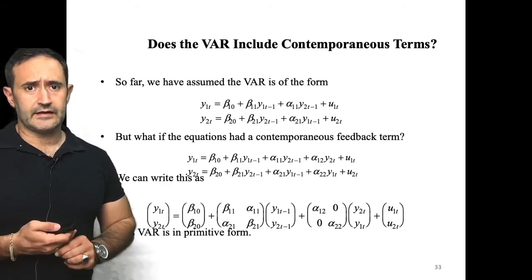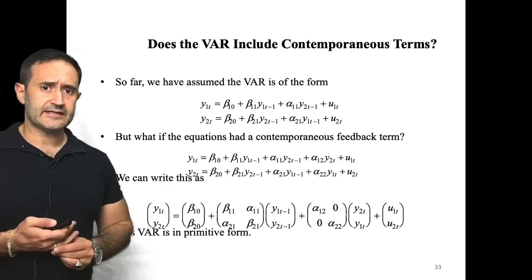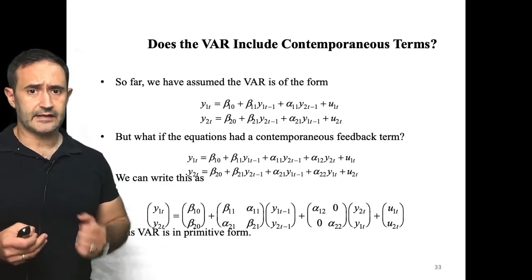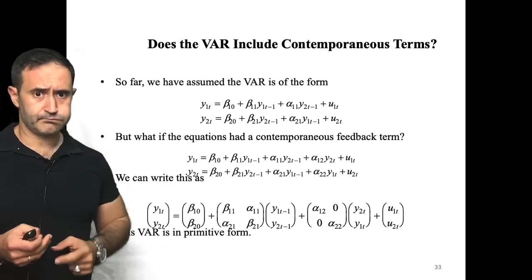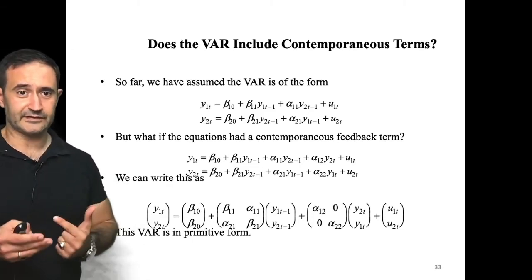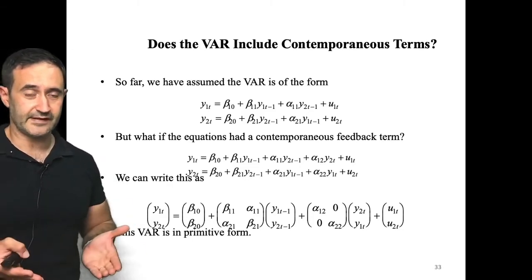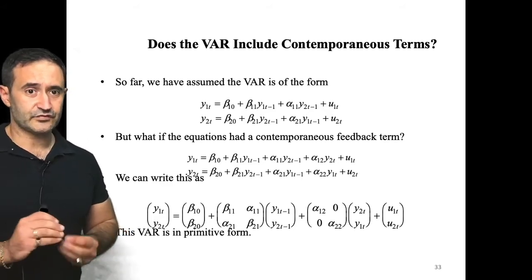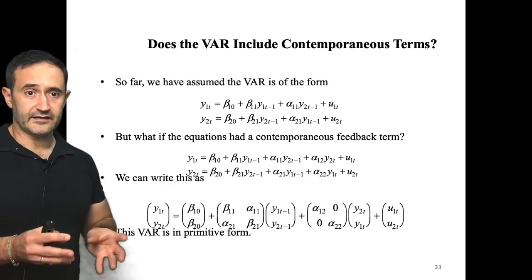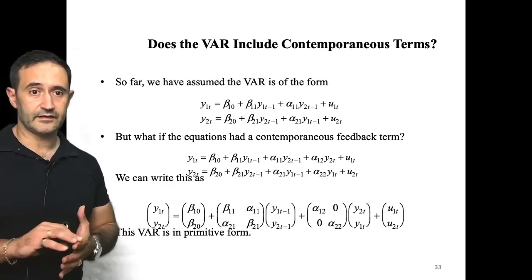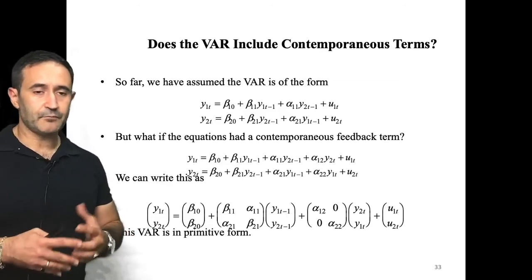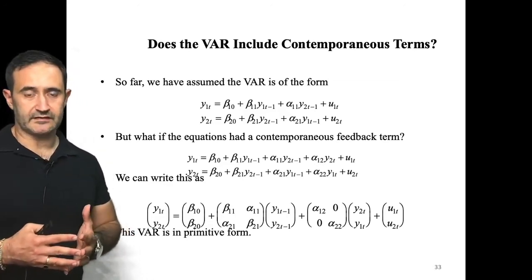Okay, now it says there, does the VAR include contemporaneous terms? No, it doesn't, but if it does, then we have to do something about it. It's what we call a structural VAR. And the problem with the structural VAR is that, again, they are normally under-identified, so they are not properly identified, and we need to impose some restrictions so as to identify.